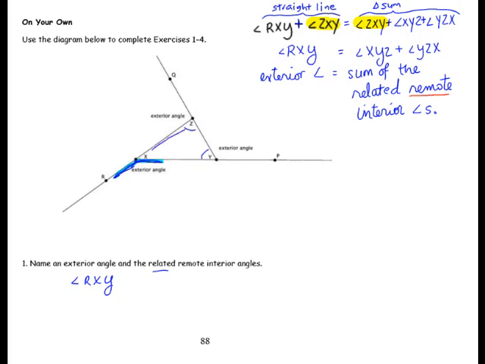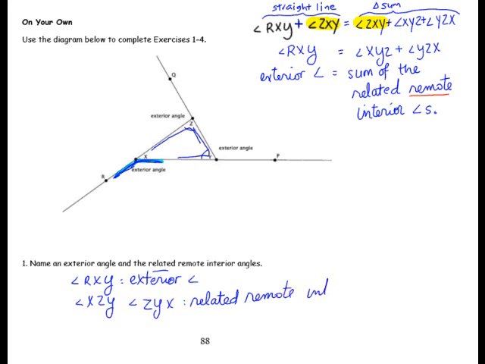So we have angle XZY and angle ZYX. Okay, so this one is the exterior angle. And these are the related remote interior angles.